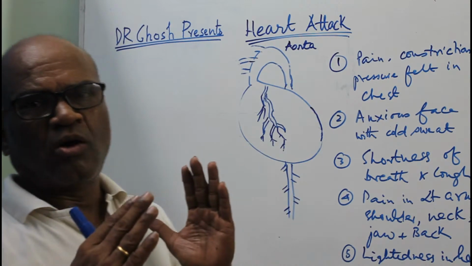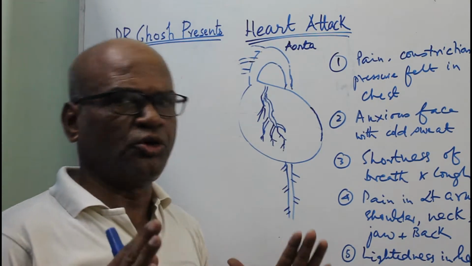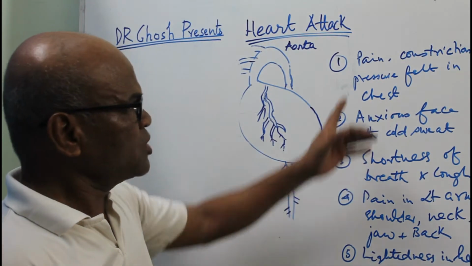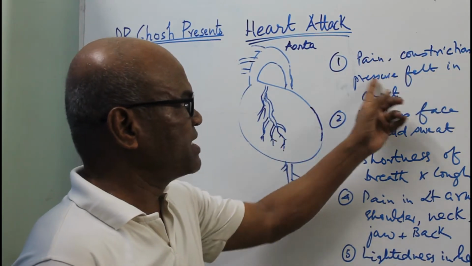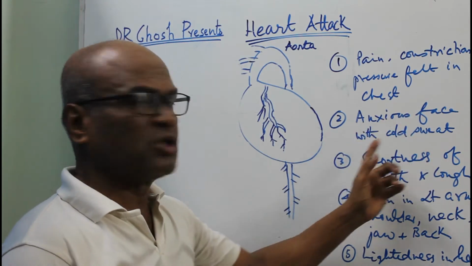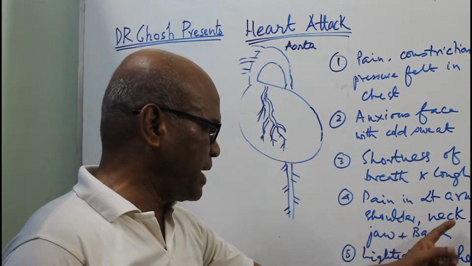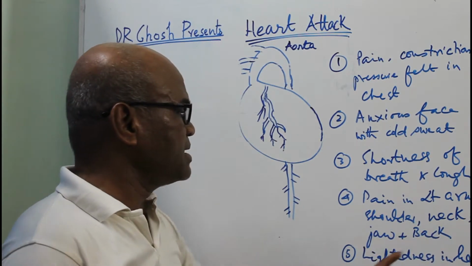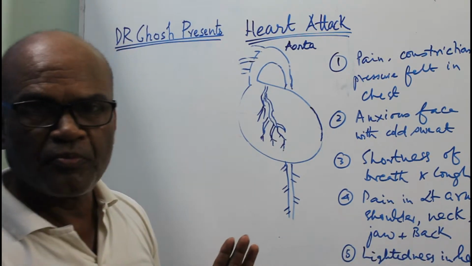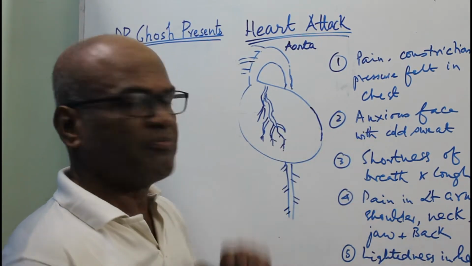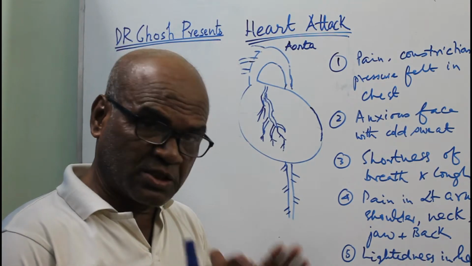Just note the signs: pain, constriction, pressure felt in the chest, anxious face with cold sweat, shortness of breathing and cough, pain in the left arm, shoulder, neck, jaw, back, lightness in head, and nausea, vomiting. Only two, if you see only these two symptoms, you can say that this person is going to be or has been attacked with heart attack.